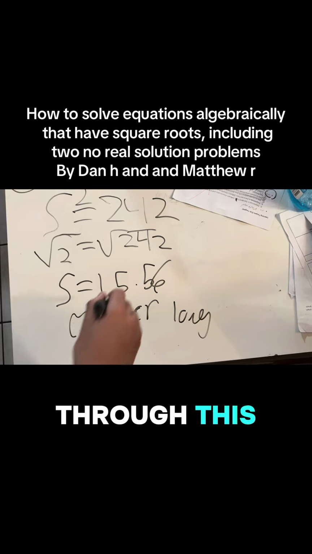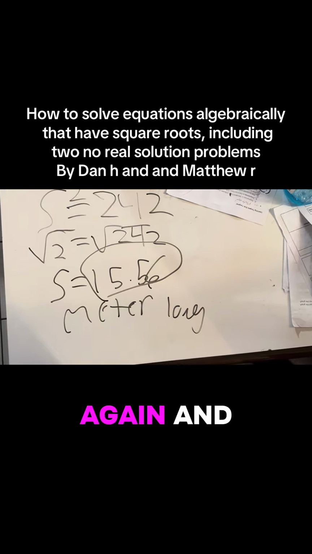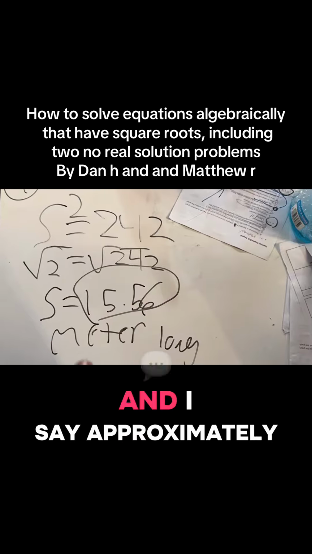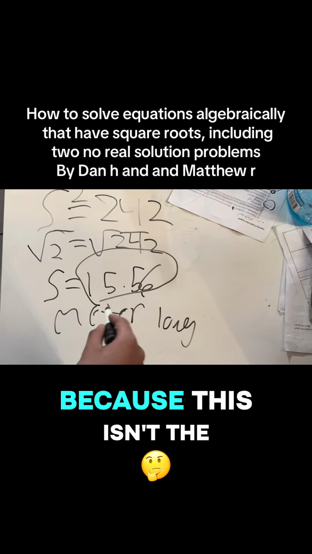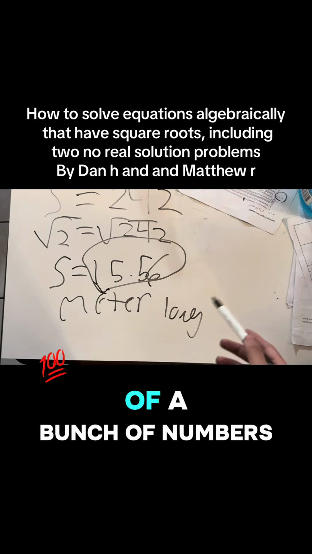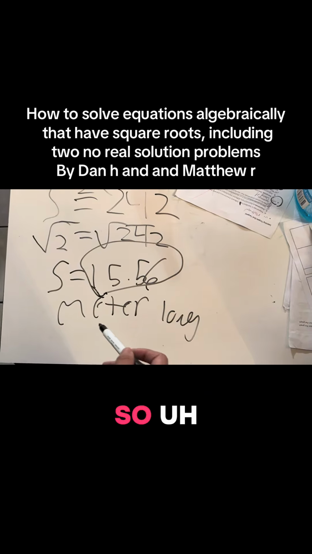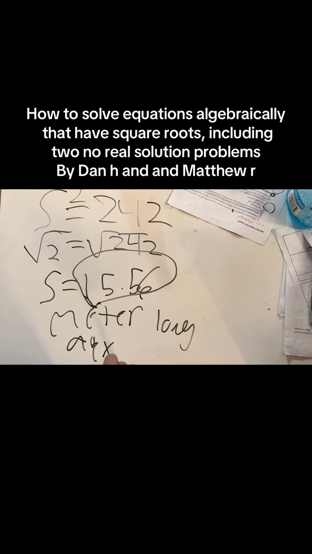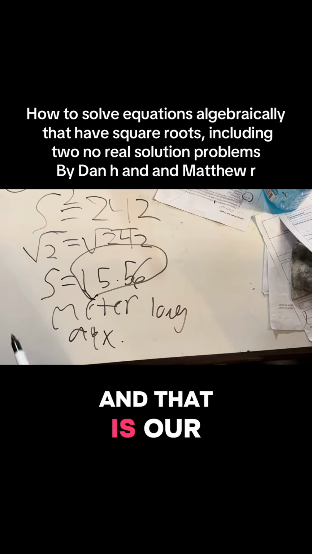Now that we have gotten this, it is the final answer, like I said once again. I say approximately because this isn't the official answer, and when you see in the calculator, it's like a bunch of numbers. So yeah, it's always approximately, right? APX. And that is our last question.